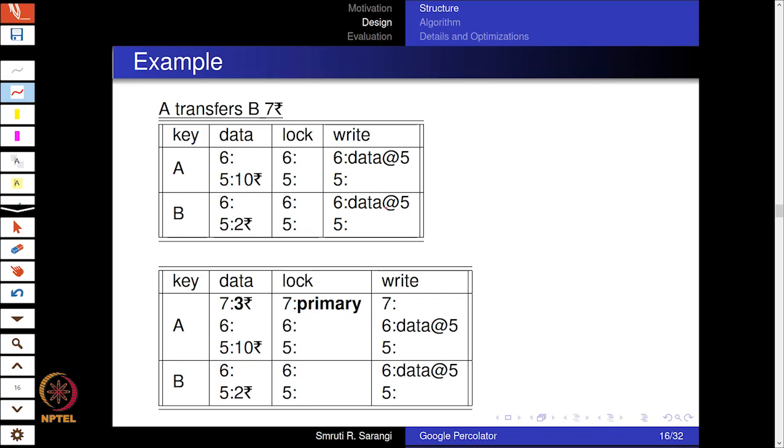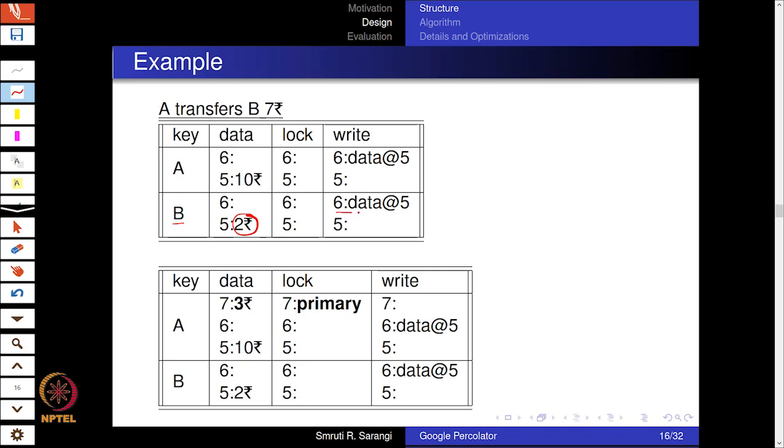So now let's take a look at a sample transaction where I just transfer money. Of course, this is not the same as Percolator, but this gives you an idea of Percolator's logic. Percolator uses exactly the same logic. At the beginning, let's say at timestamp 5 for entry B, we have 2 rupees in B's account.